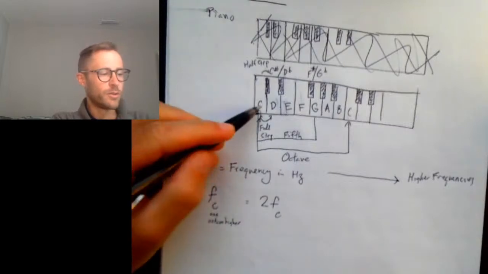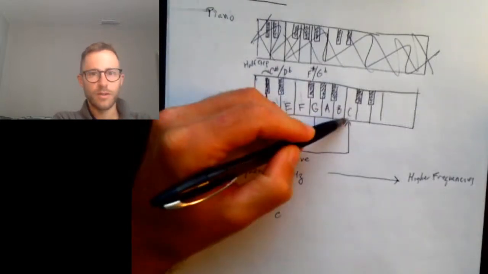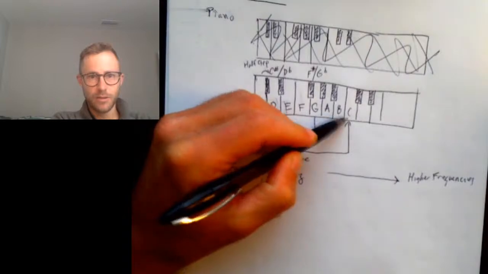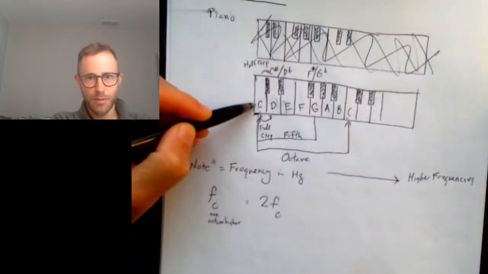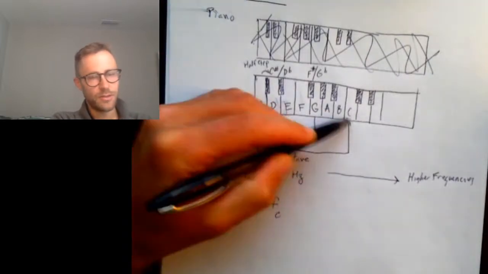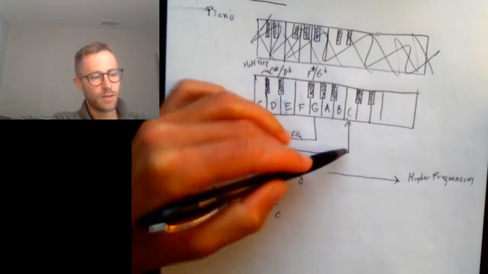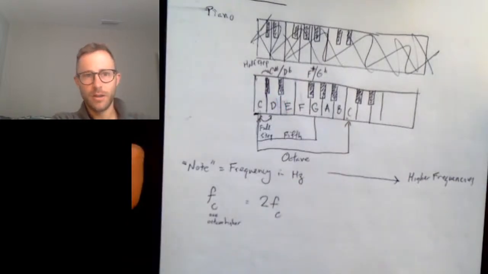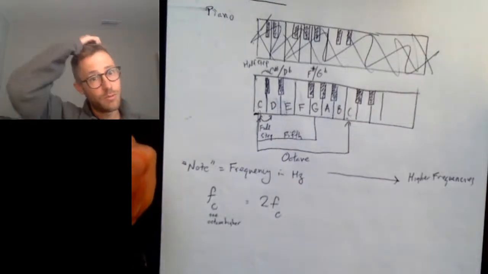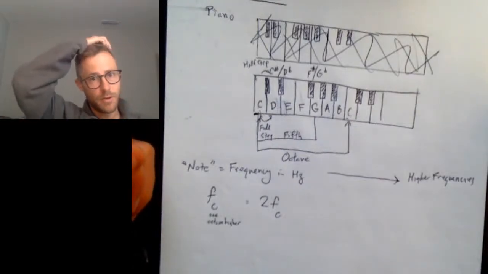In other words, the frequency of this C is twice the frequency of that one, because this C is 1 octave above. So whenever you go up 1 octave, you double the frequency.